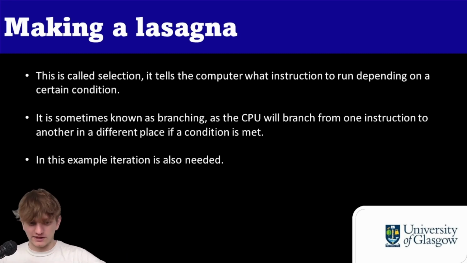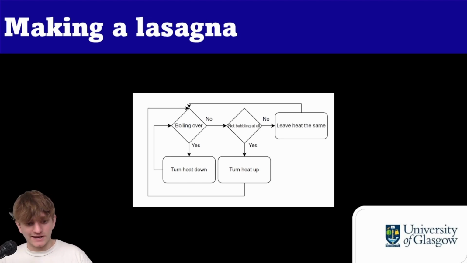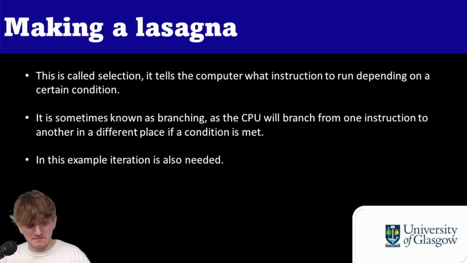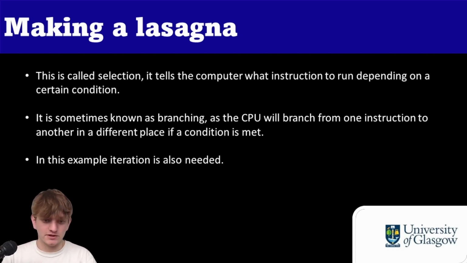And the person is then going to go and visit that house. In this example, you also see that it keeps looping round and round, so iteration is also needed. Selection and iteration come hand in hand a lot of the time. Iteration almost always uses selection.